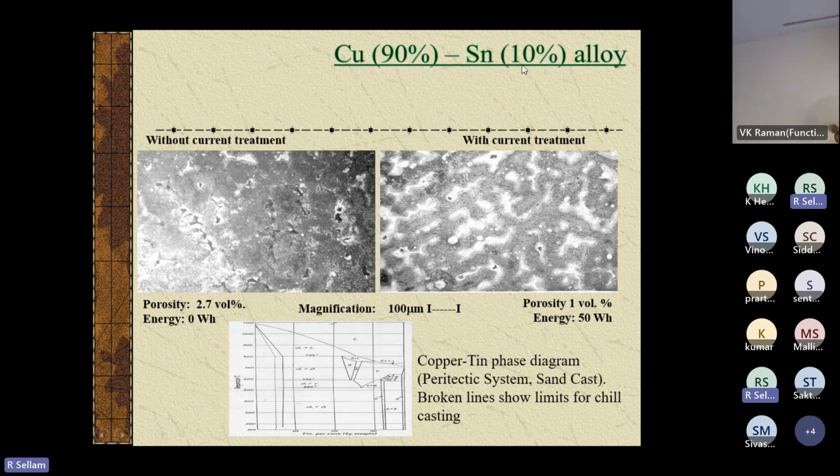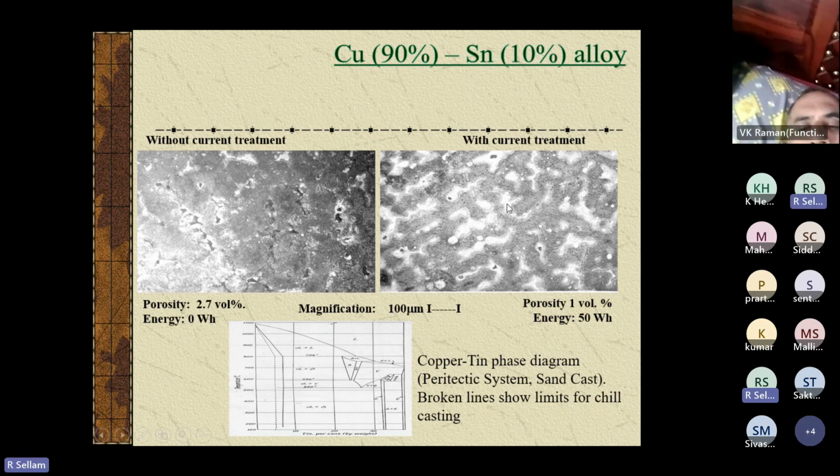And copper-tin alloys are susceptible to interdendritic shrinkage and porosity. But when you use the electric energy treatment of around 50 watt hours only, the interdendritic shrinkage is almost removed.